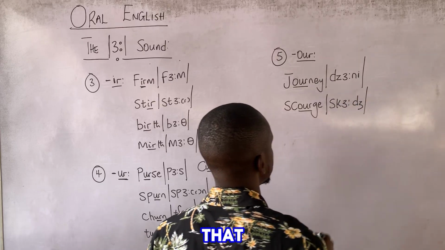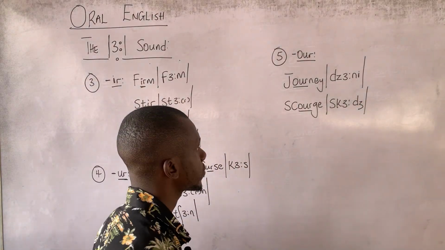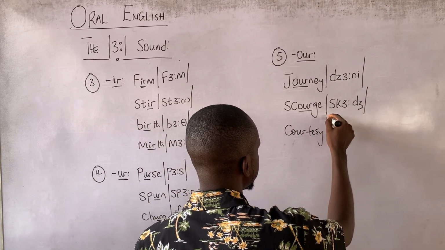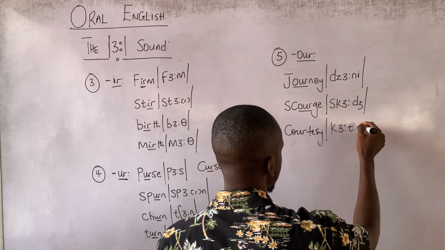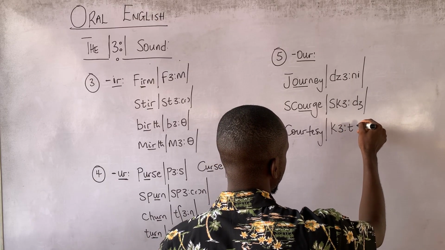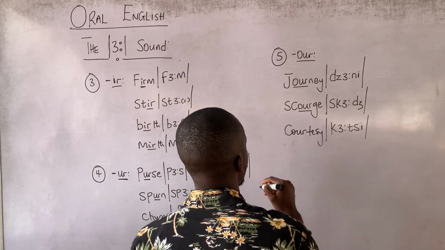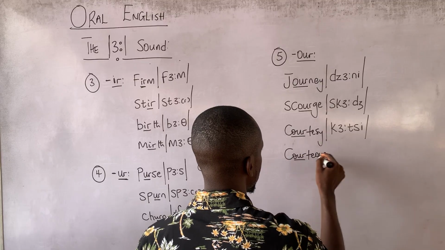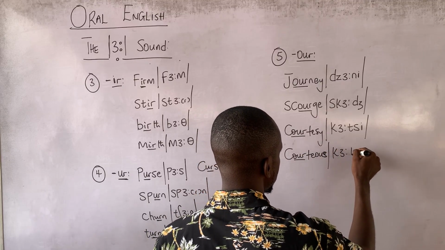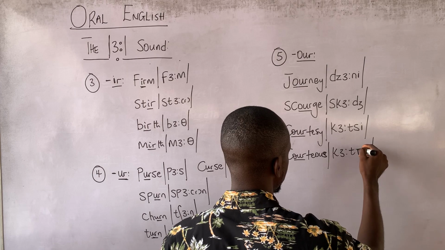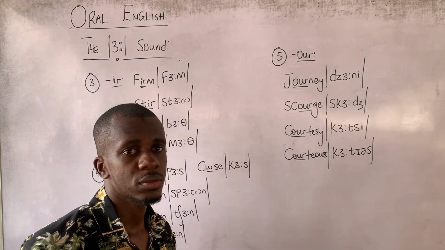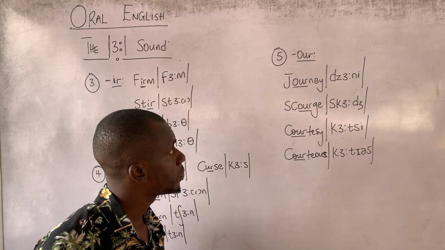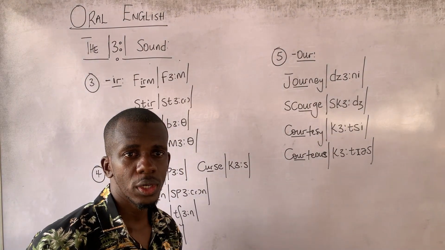See that? Okay? We have a word we call CURTSY. Let me do this curtsy. And we have a word we call COURTEOUS. Right? So these are examples of words with OUR that possess the long sound.